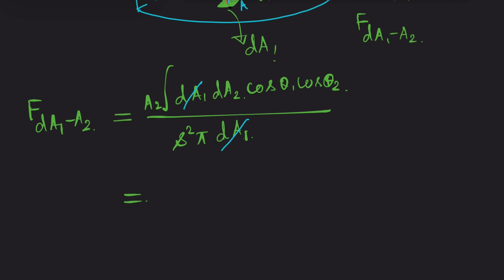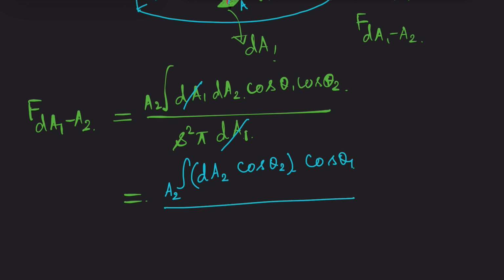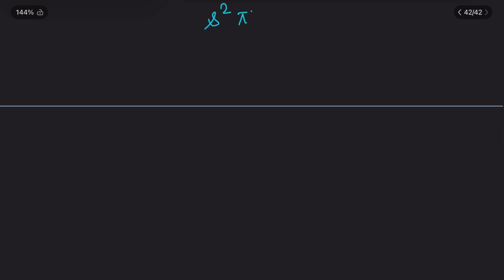So now see what I am getting: dA2 cos theta 2, into cos theta 1, by a square pi.